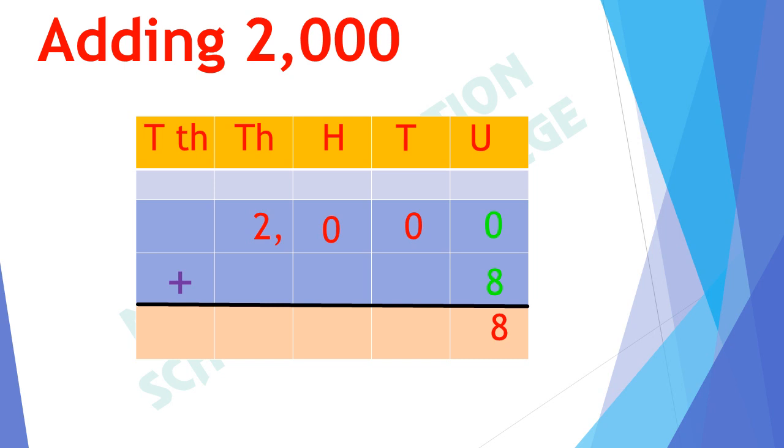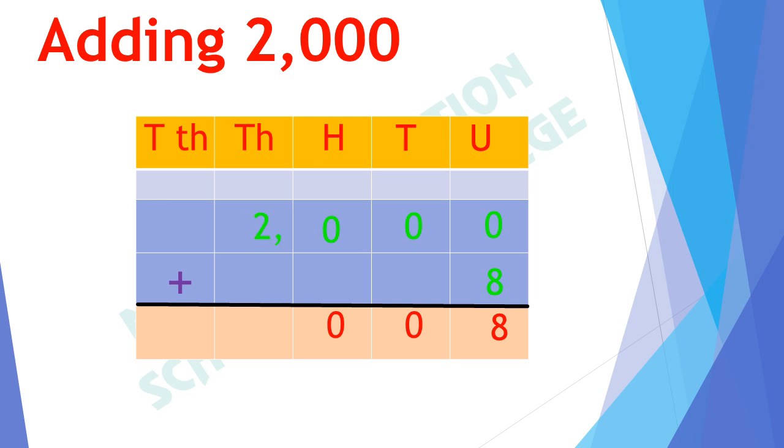Then we move towards the tens. There is 0. There is nothing to add in it, so we will write it as it is. Then we move towards the hundreds. In the hundreds column there is also 0 and there is nothing to add. We will write the 0 as it is. After the addition of hundreds, we will move towards the thousands.